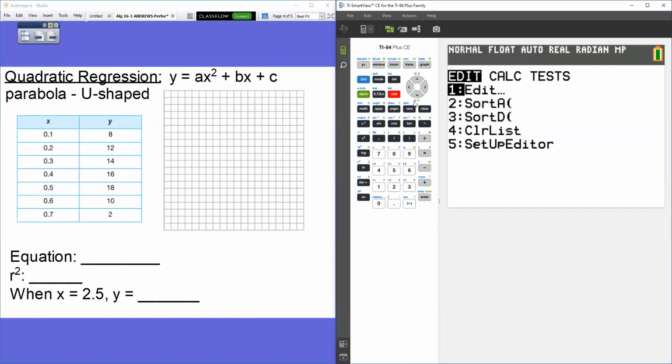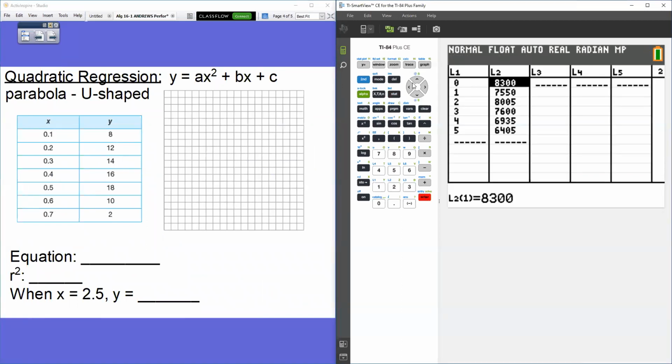So we're going to go back to stat and edit. This time we have X values and we have Y values. We're just going to type them in exactly how they are. So we have 0.1, 0.2, 0.3, 0.4, 0.5, 0.6, and 0.7.